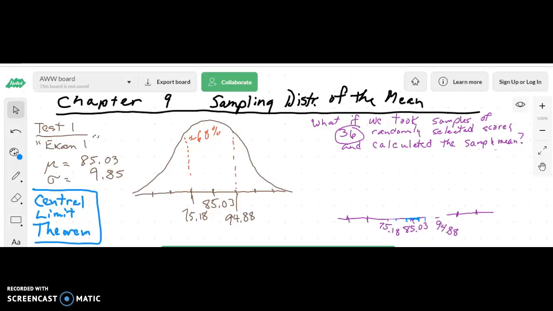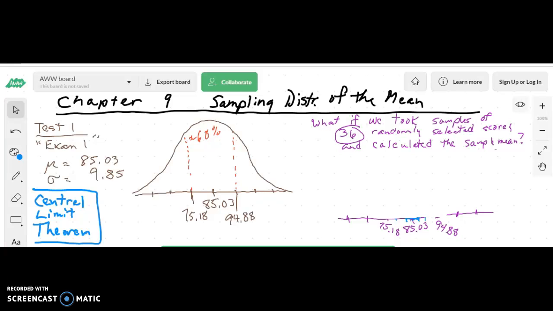If we go out one tick mark, or one standard deviation, in either direction, I added and subtracted the 9.85 to the 85.03 to get these two values. So I have a part of the entire distribution that is within one standard deviation of the mean, one increment above and one increment below. And on the normal curve, we have the area under the curve, which correlates to the probability of selecting an item within that range.